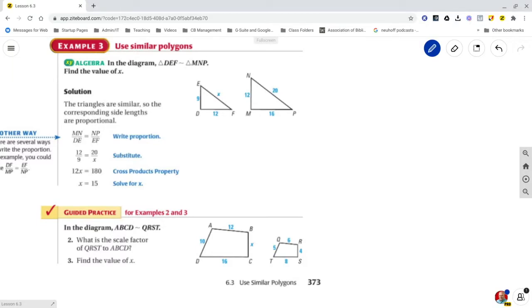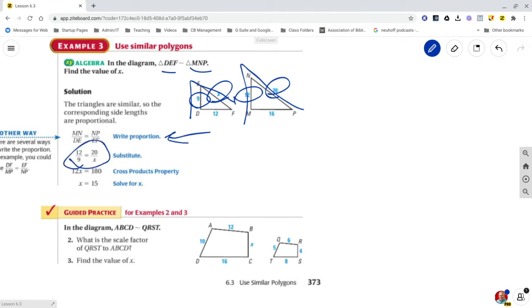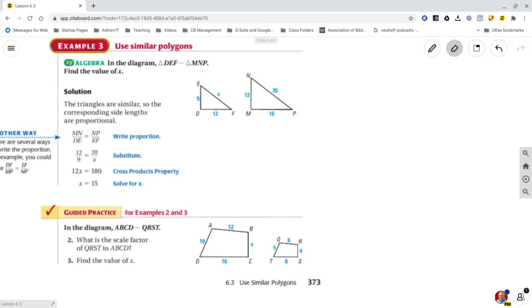And so we know we're going DEF, MNP, so we know that those two sides correspond to each other. And then X and 20, those sides correspond to each other. So we've written our proportion statements here, substitute the information from the triangles, and then when we cross multiply and divide, ultimately we find that X is going to be 15.